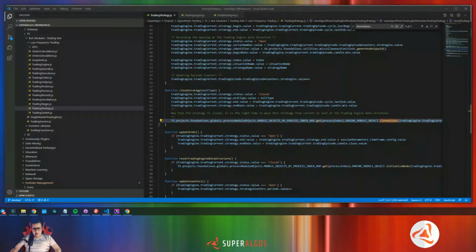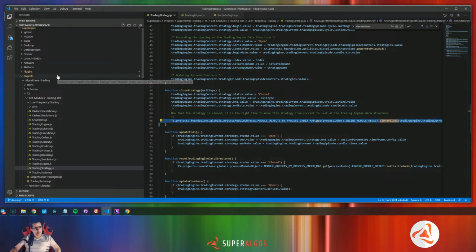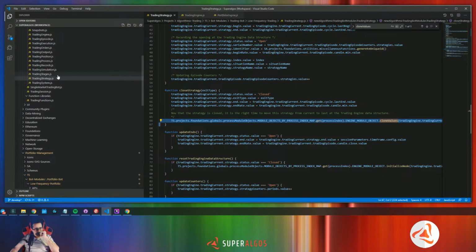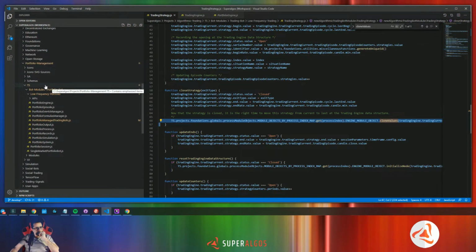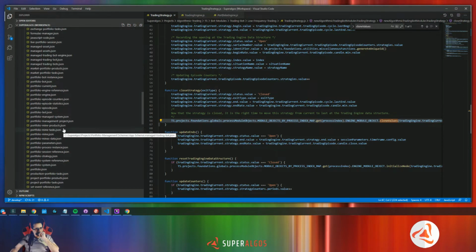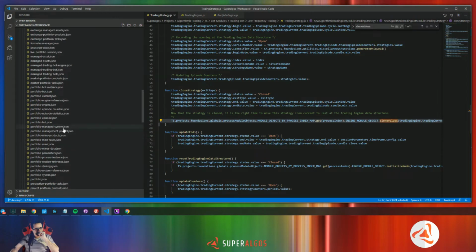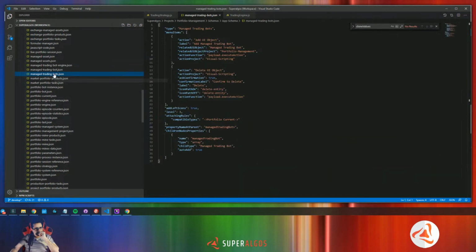Your manage trading bots. So we'll go to portfolio management, manage trading bots, and this will have an S here.